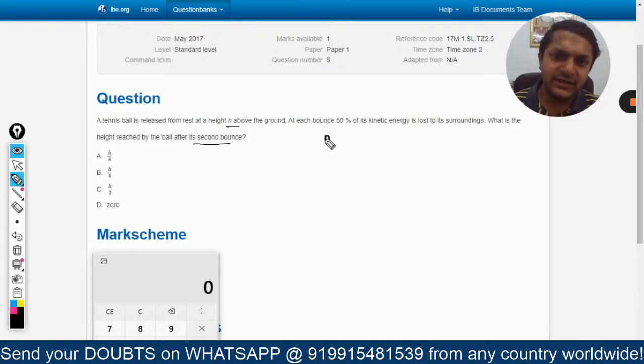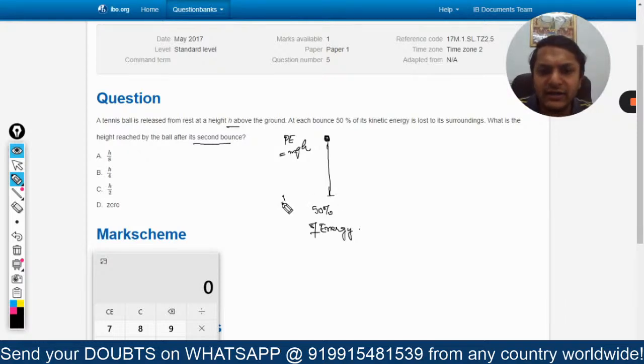So basically, this is the ball, and it goes down, and after that, 50% of the energy is lost. Let us say the potential energy initially was mgh, and now the kinetic energy is half mv square, and 50% is lost.